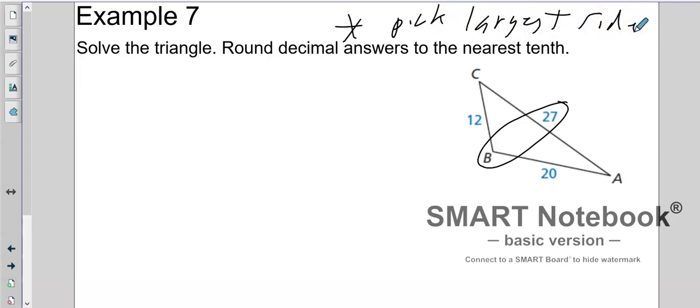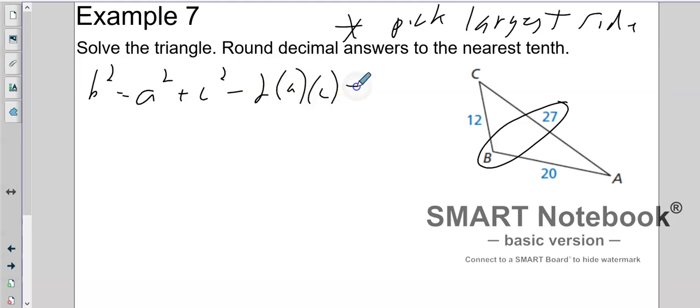Okay? So we're going to do b squared. B squared equals a squared plus c squared, okay, minus 2 times a times c times cosine of b. I don't know why I wrote minus, it's supposed to be times. Let's just fix all of that.